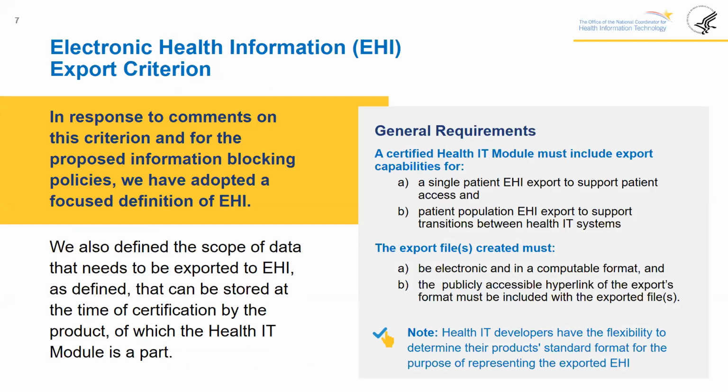The requirement is that if you have a certified health IT module, or your certified health IT module is part of a product which stores electronic health information, then you will have to be certified to this new B10 criteria that will allow the export of electronic health information in the two circumstances you see there on the right: a single patient export, which will support patient access to their information and portability of that information, and the second case of being able to export an entire patient population's electronic health information, which would support transitioning between health IT systems.